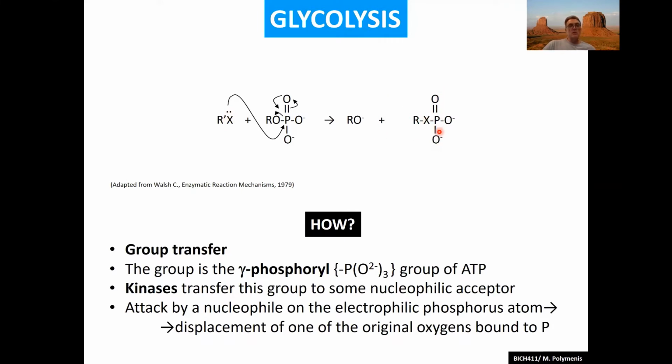So that's the phosphoryl group, 1 phosphate and 3 oxygens that left ATP. Depending on what the R prime is, you can have lipids, proteins, sugars in this case, a lot of things.